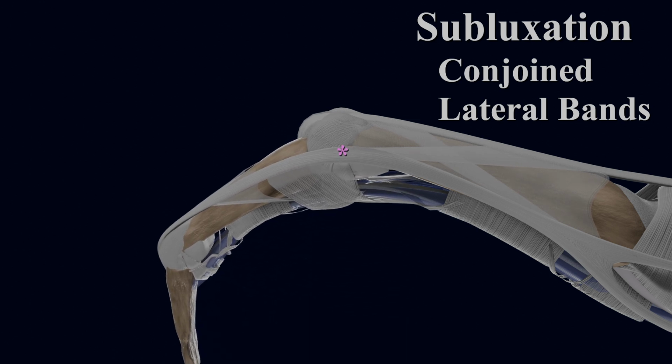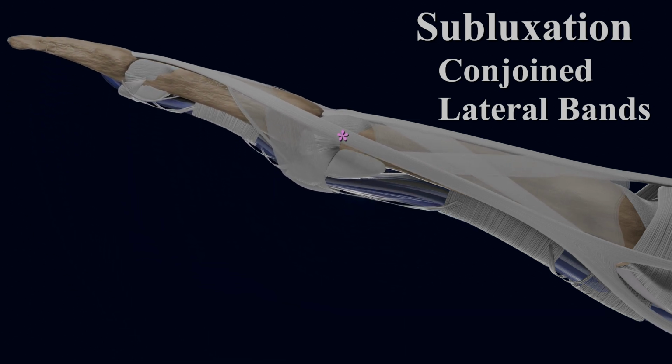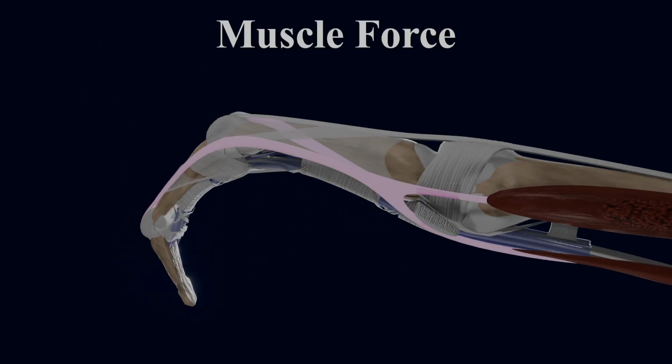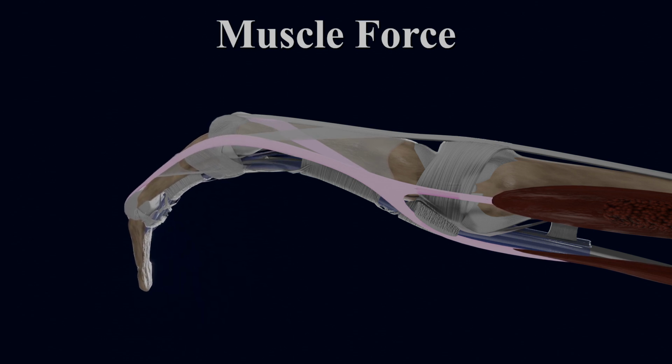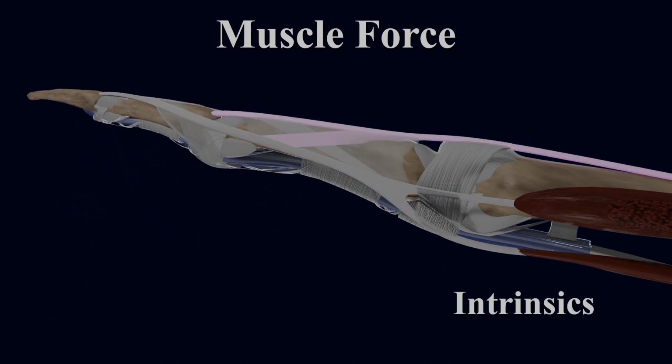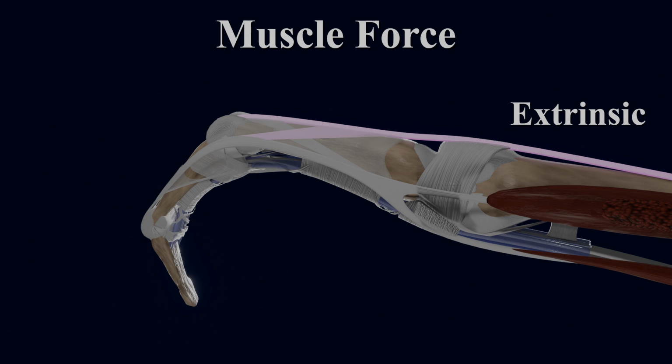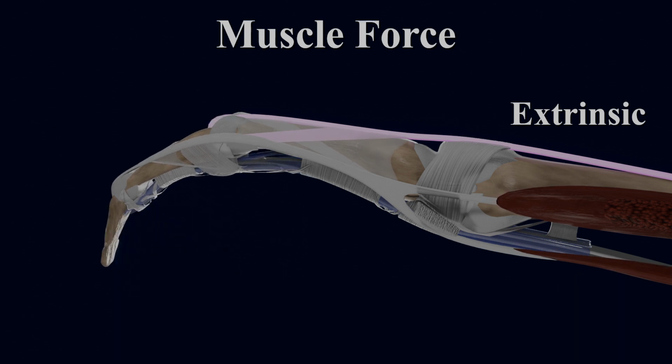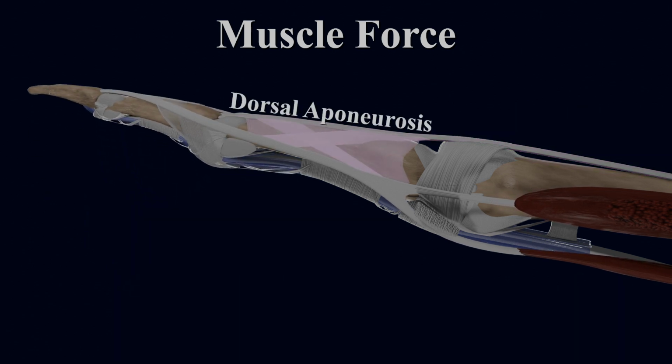PIP joint flexion/extension thus contributes to DIP joint flexion/extension and vice versa. The conjoined lateral band receives tension forces from the intrinsic muscles and to a lesser extent the extrinsic extensor. The 2 muscle groups are linked through the dorsal aponeurosis.